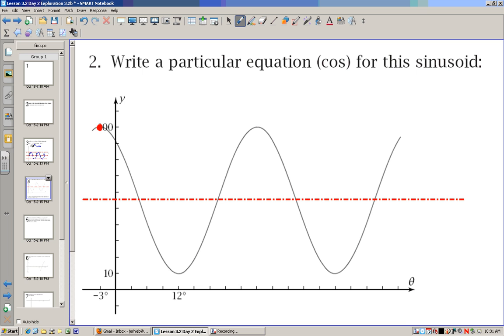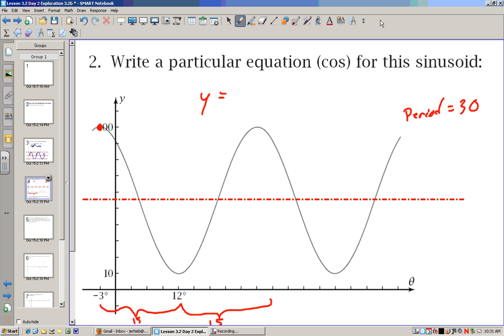Cosine starts at the top, so I'll start over there. And it does half a rotation from -3 to 12, which is 15. So it will do a full rotation, 15 plus 15, which is 30. So the period is equal to 30.